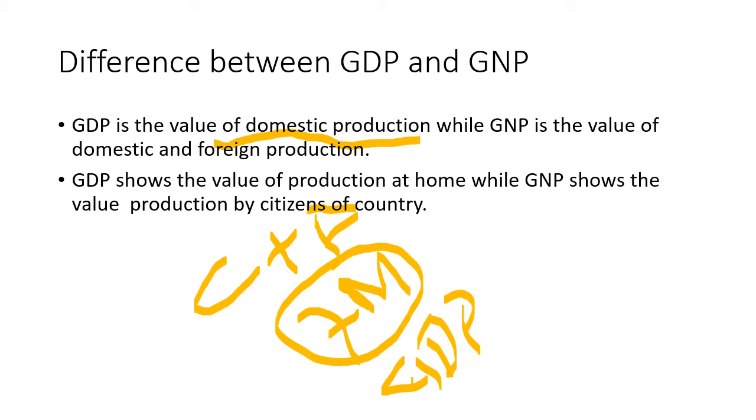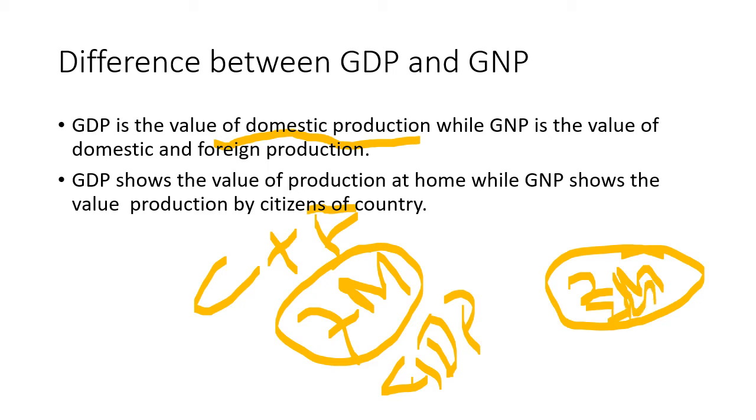And if within the geographical boundaries of the country the citizens are producing 2 million and the remaining 5 million are produced by foreign companies, then this 5 million will not be included in GNP.